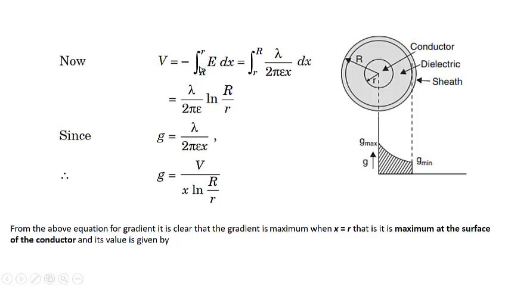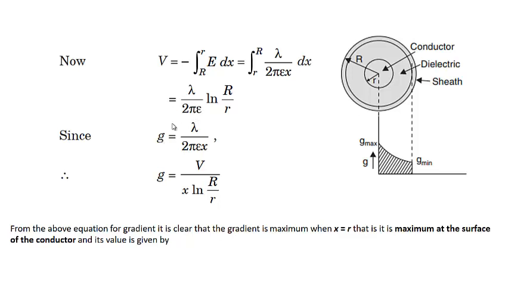So the integral will be from small r to capital R of lambda divided by 2 pi epsilon x dx, because E is equal to lambda divided by 2 pi epsilon x. When we integrate it, the integral of dx by x will be ln x from r to R, that is ln of R by r. Since g is equal to lambda divided by 2 pi epsilon x, lambda divided by 2 pi epsilon will be equal to g into x.